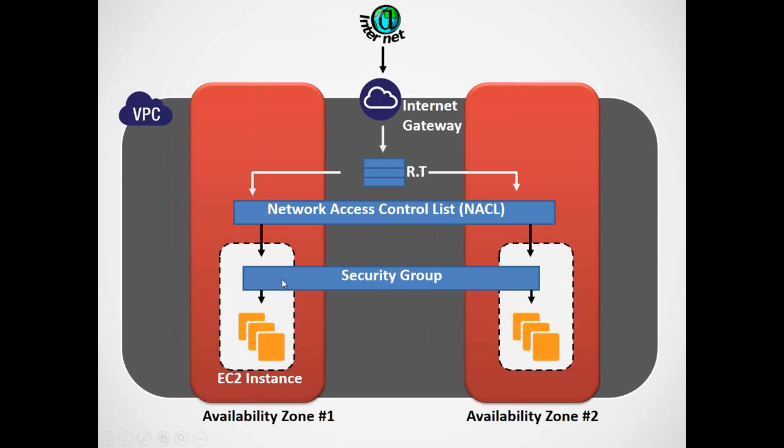But now, when you are within AWS, if there is no VPC, then you can connect between the machines, but from that machine you cannot connect to the internet. So only with the VPC, with the help of the internet gateway, will you be able to communicate to the internet. But other than that, you can communicate between the machines.